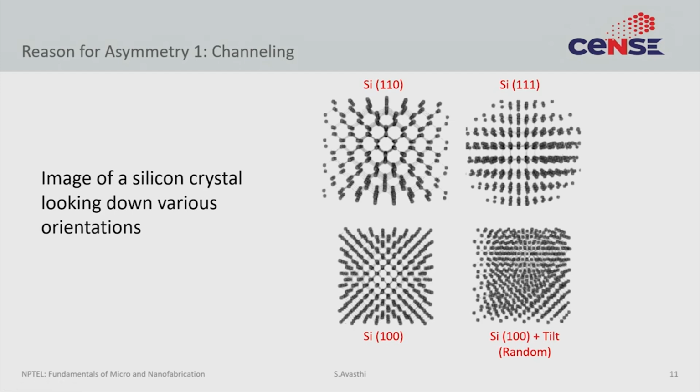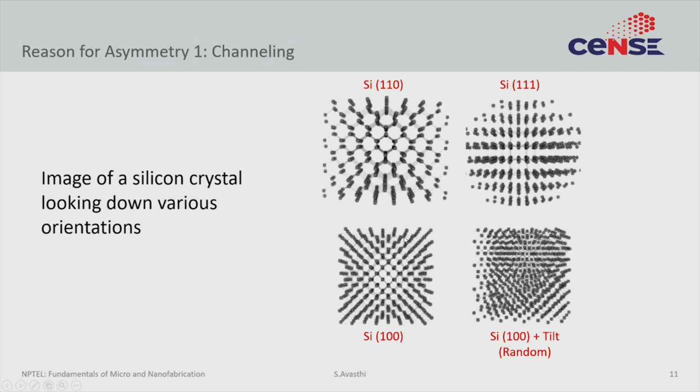This is just what the cross section of that lattice orientation looks like. However, you may notice that even though silicon has a certain atomic density, the apparent density of atoms per centimeter square looking at these three different orientations is different.